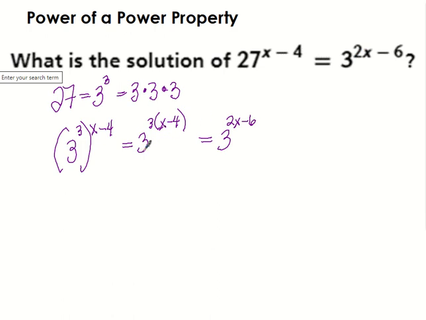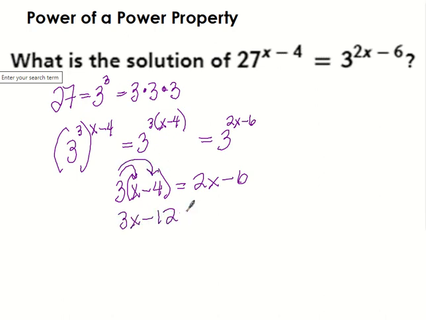So now, just like our last notes, since these are the same base and they're saying they're equal, this exponent has to be the same as this exponent. So I'm going to go 3 times x minus 4 and set it equal to 2x minus 6. So now we have an equation. We would distribute: 3x minus 12 equals 2x minus 6.